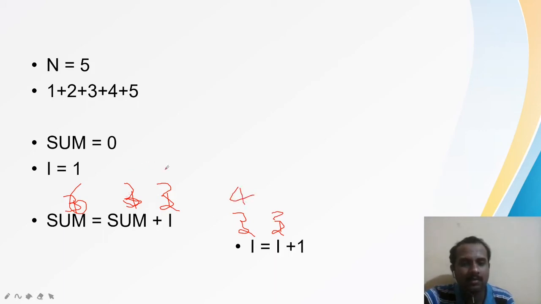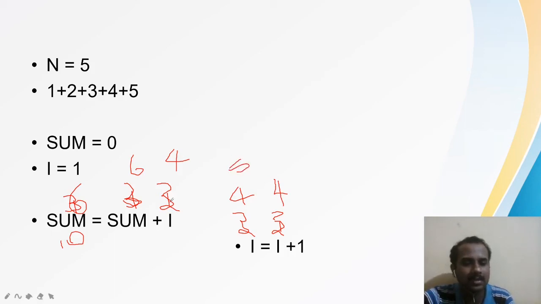Now sum is 6 and I is 4, so now it will become 10. Afterwards, again I will be incremented. I is 4, and 4 plus 1 will be 5.